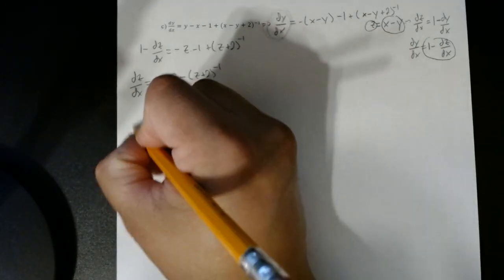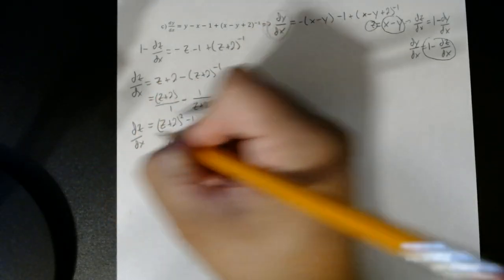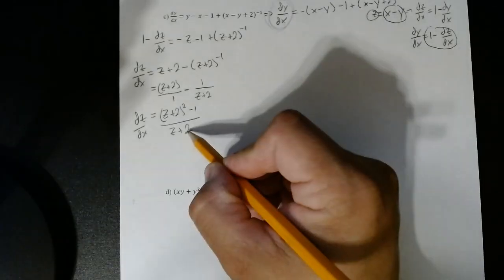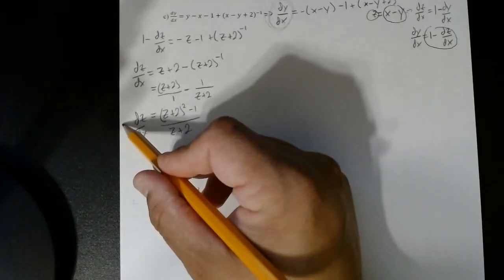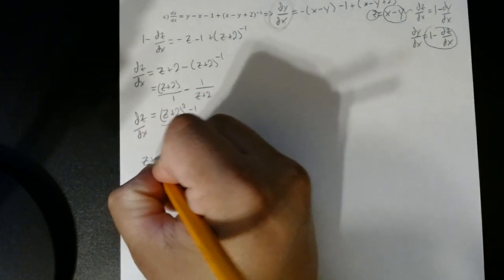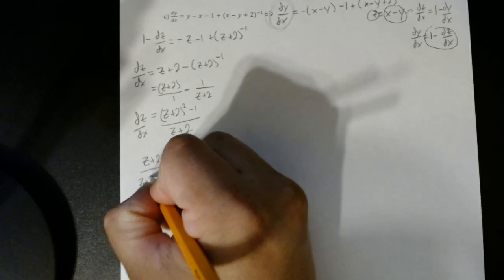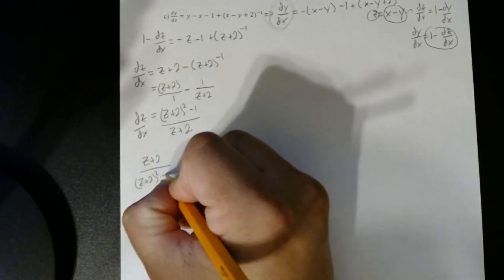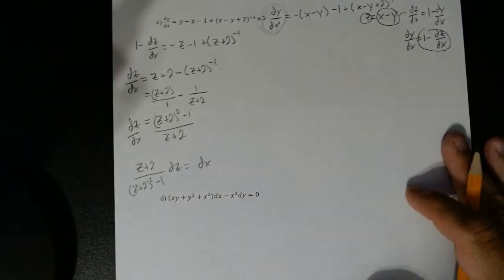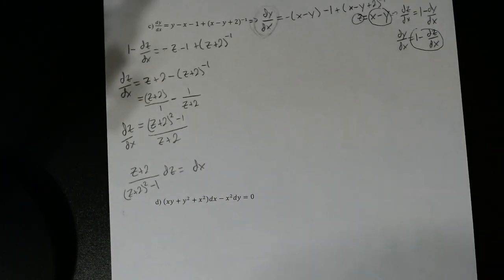Alright, so now I can actually use separation of variables. So if I multiply both sides by the bottom and divide everything over, they just flip-flop. I get that. Now you may think, oh, this is maybe more work than you actually have to.